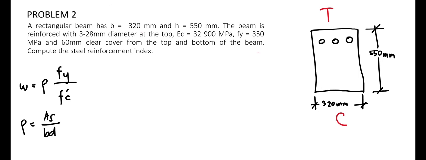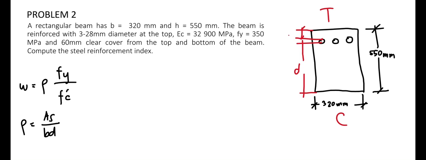And to compute for the effective depth, which is the distance going from the centroid of reinforcement towards the outermost part of the beam, which is experiencing compressive force. And to solve for d, we subtract the clear cover, that is the distance going from the outermost part of the beam experiencing tension towards the outermost part of the steel.